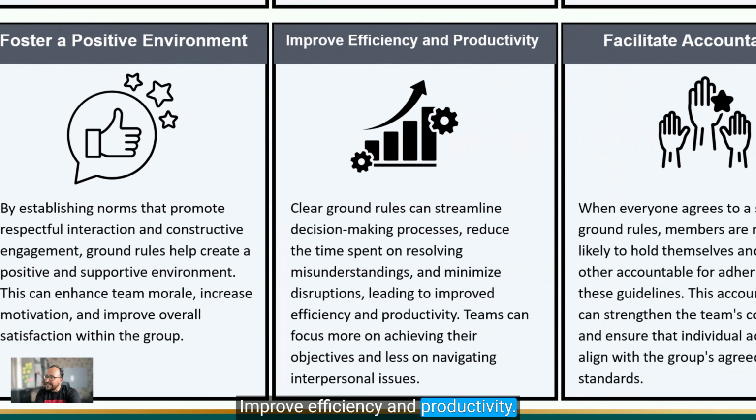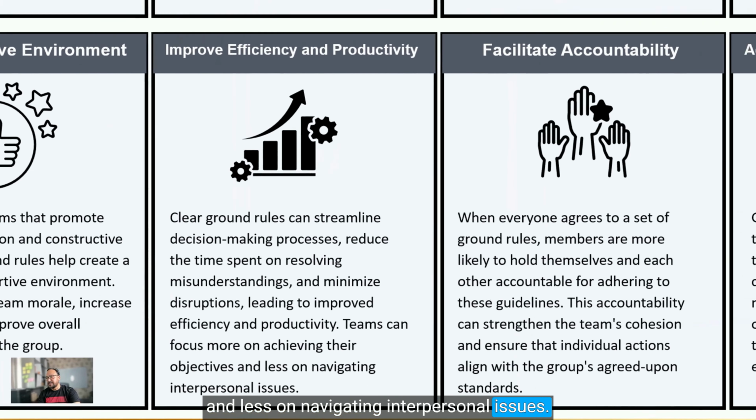Improve efficiency and productivity. Clear ground rules can streamline decision making processes, reduce the time spent on resolving misunderstanding, and minimize disruptions, leading to improved efficiency and productivity. Teams can focus more on achieving their objectives and less on navigating interpersonal issues.